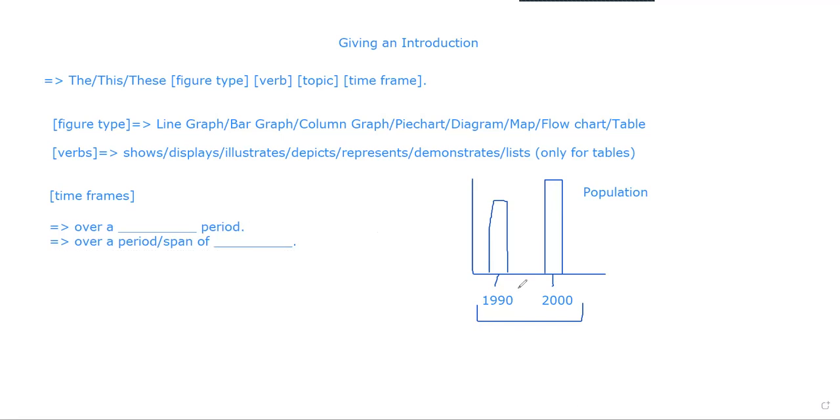Let's take a look at this time frame again. Are we including the specific beginning point or the specific ending point in these two strategies? Can you guys hear me? Can everyone hear me? Can anyone tell me if we are including the specific start and the end point of that time frame in these two strategies?